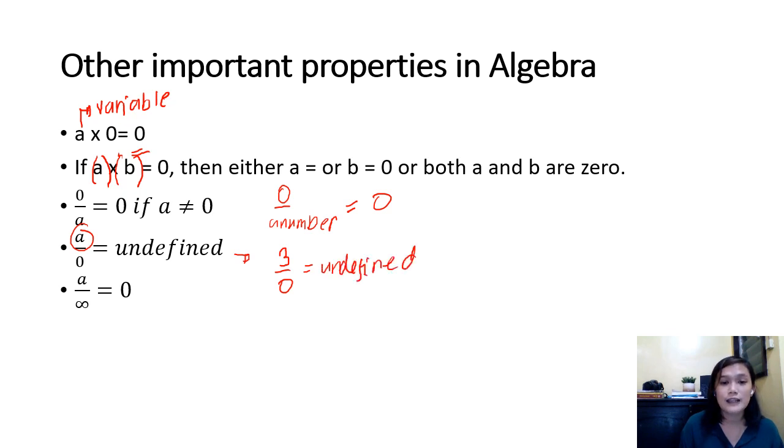You don't know the value, there's none. If you have a constant value over infinity, that is equal to 0, or a variable over infinity is equal to 0, because a variable will always have its value.